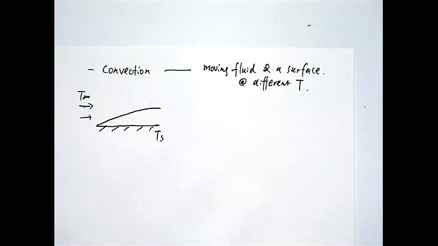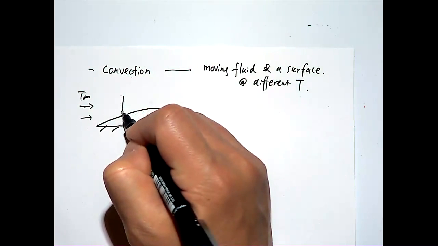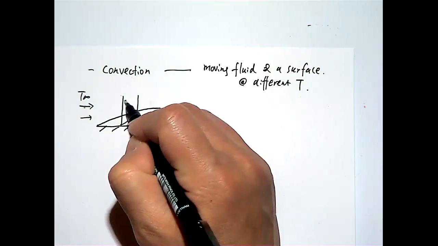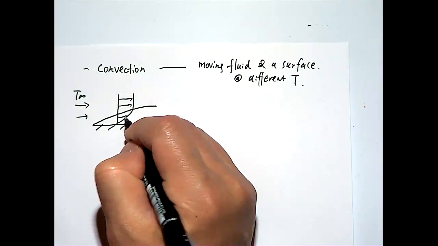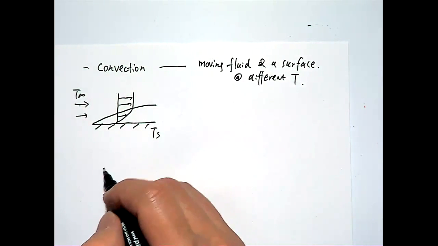We know that when a flow approaches a surface, you will form a boundary layer in your fluid. That boundary layer is also important in terms of the heat transfer or convection. That's the thing we are going to discuss in detail later on. So that's the external flow.